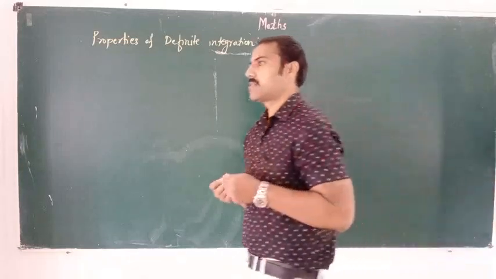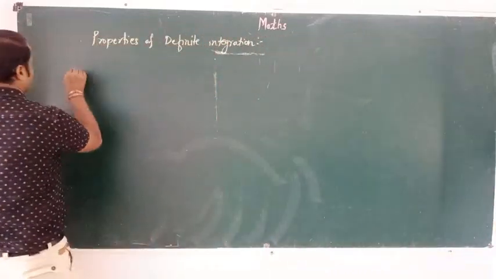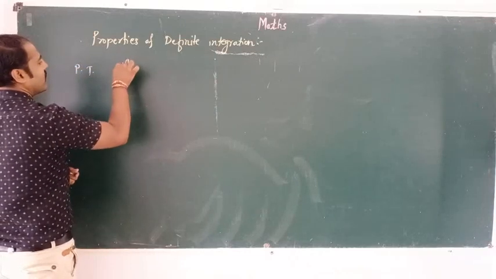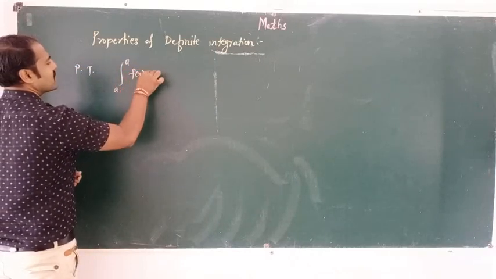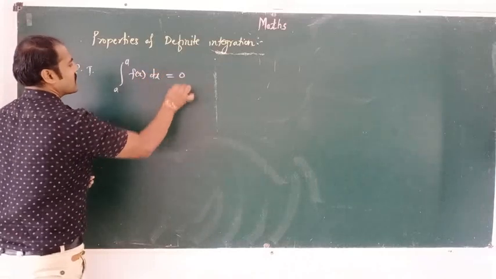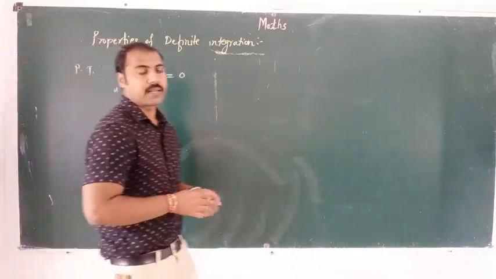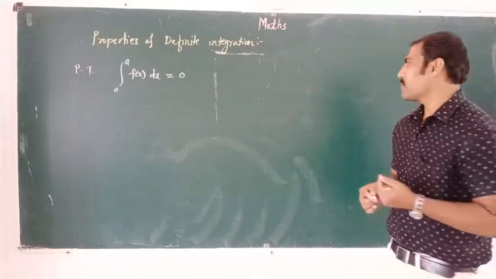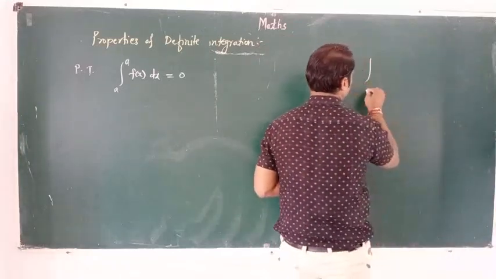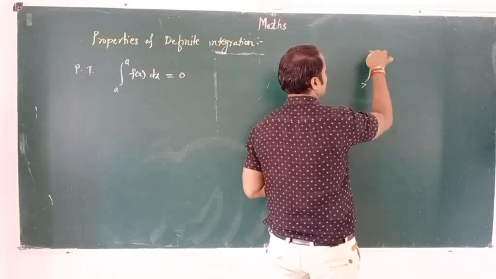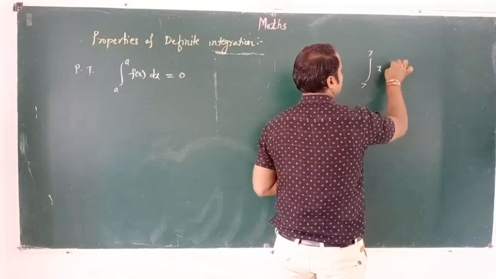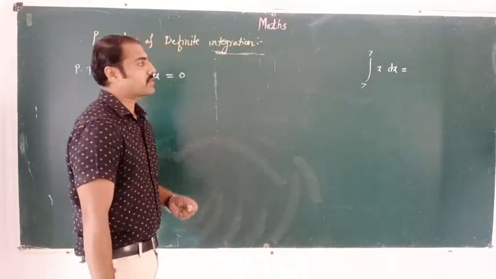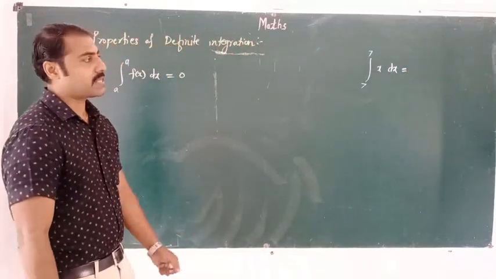First property is, prove that the integral a to a f of x dx is equal to 0. For example, I can say here the integral 7 to 7 x dx, where the lower and upper limits are same.